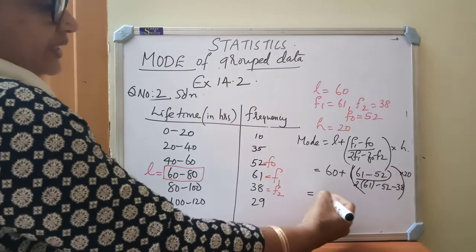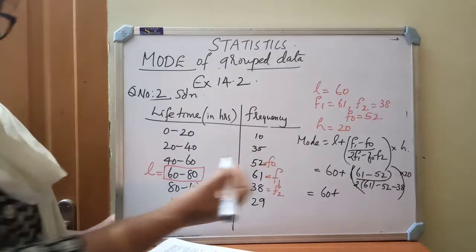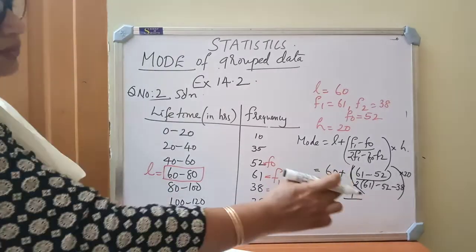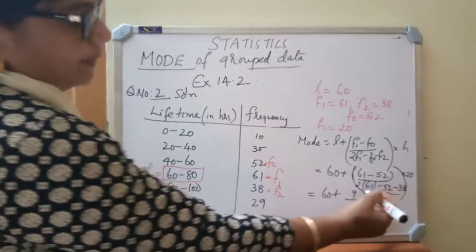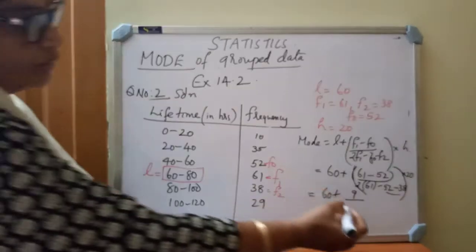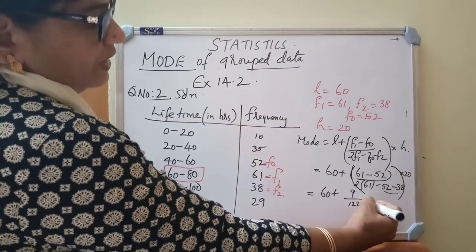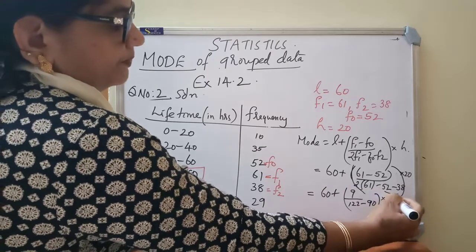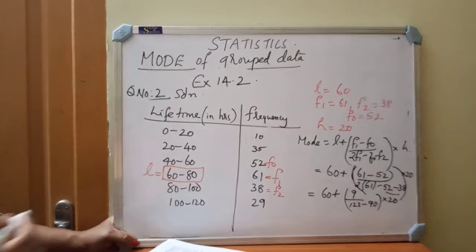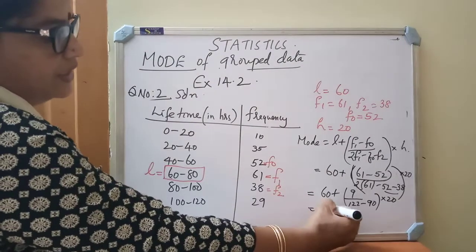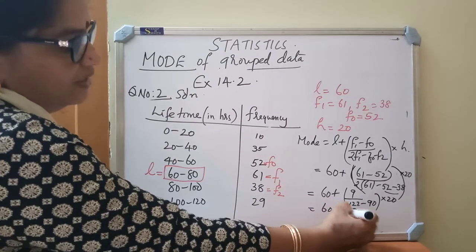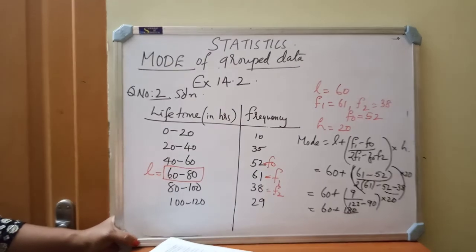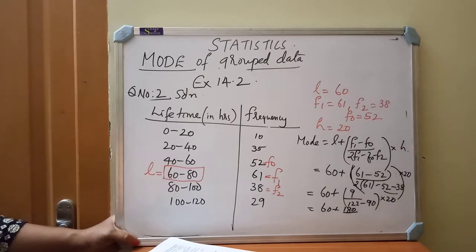So all of you simplify this as 60 plus 61 minus 52, 9. 9 divided by, you simplify these two negative values, add them and subtract from 122. So 122 minus 52 minus 38, 90, isn't it? Into 20. So you will get this as 60 plus 9 into 20, 180, divided by 122 minus 90, 32.